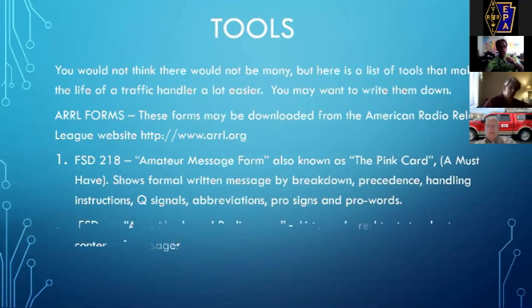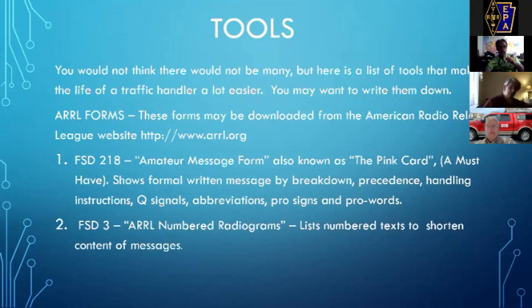Another form that you'll need is FSD3, which is ARRL numbered radiograms. We use radiogram numbers. It would be something like ARRL or ARL 67, and that corresponds to a number on these radiogram forms, and it's a shortened way of putting text out.